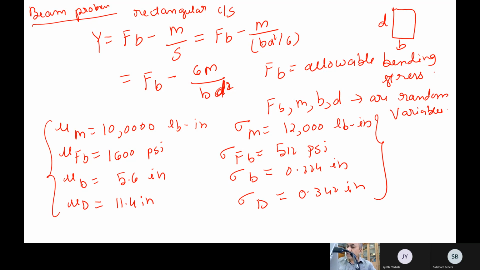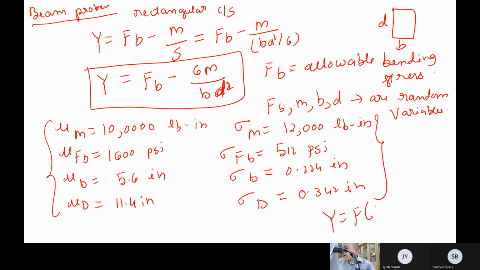Now what type of function is this? How is this Y depending on the random variables? So Y is a function of fb, then we have M, and then we have B, then we have D. What type of transformation is it?